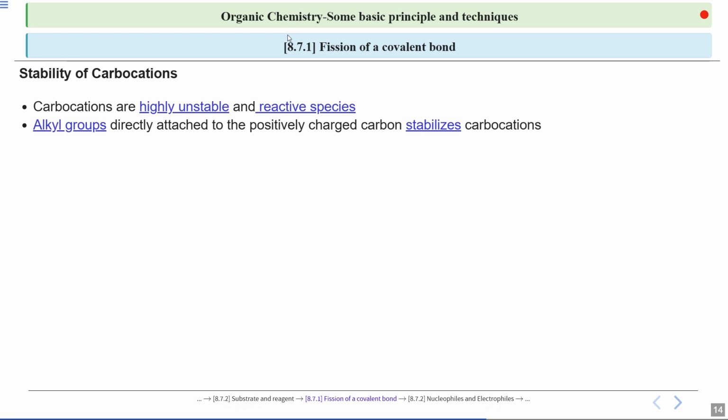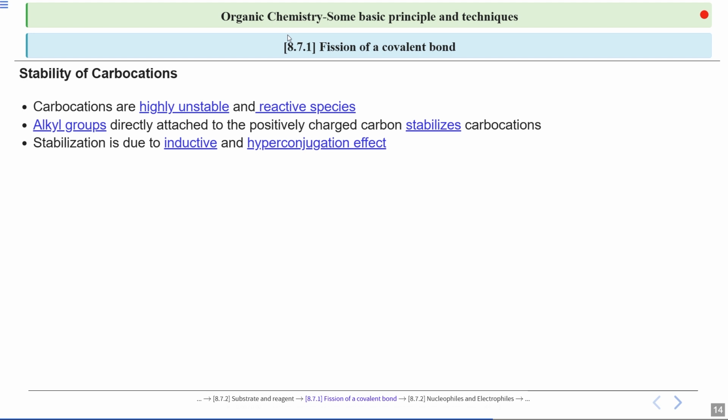Then after, similar to the radical, alkyl groups also stabilize the carbocation. And for the same reason, more and more alkyl groups will be donating more and more electron density onto the electron deficient carbon. The reason is called the inductive and hyperconjugation effect.